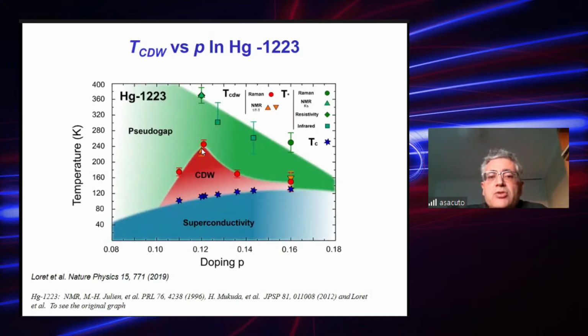It is non-monotonic, and it's exactly what we get in YBCO or in Mercury 1201 from X-ray diffraction and NMR measurements, where they find that the transition temperature of the charge density wave as a function of doping is non-monotonic. But here is a sample which has not yet been measured by NMR or X-ray diffraction.